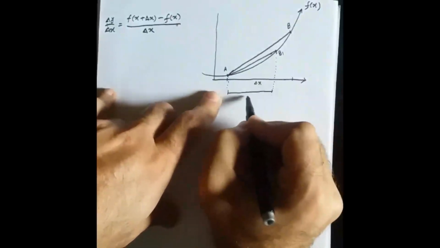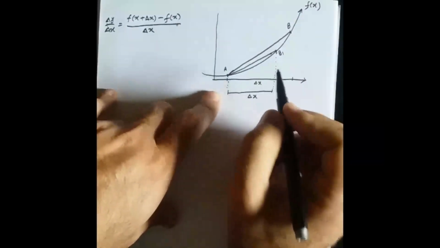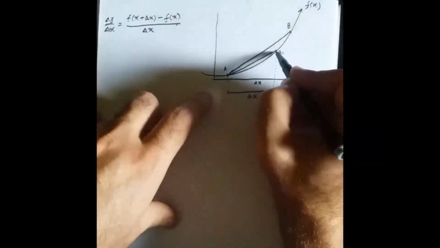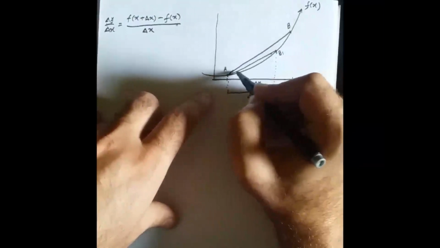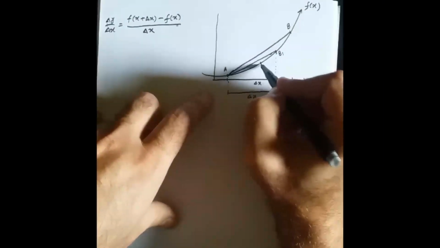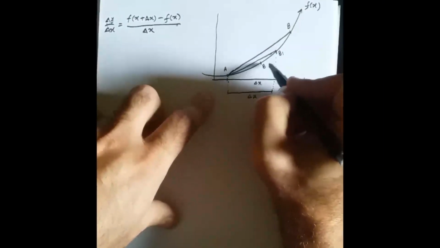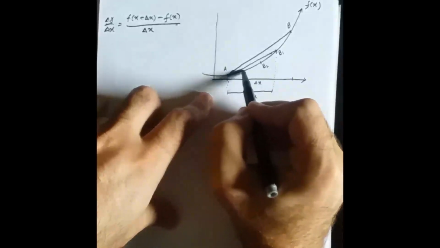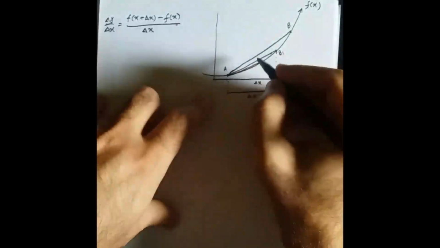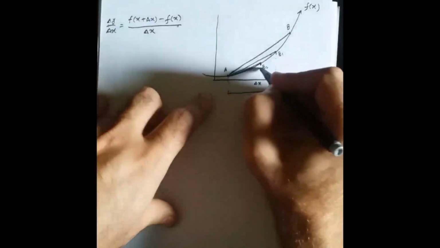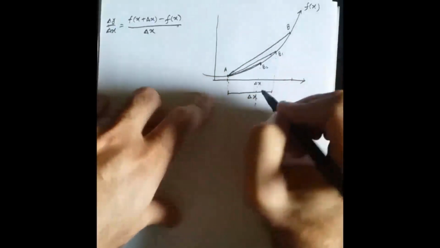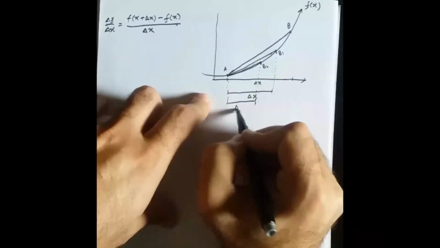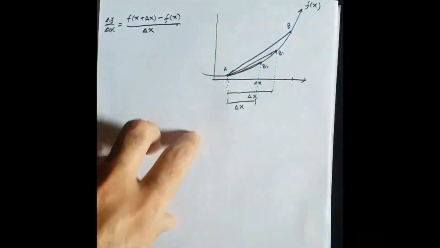Again we take this B1 closer to A, like here, taking this B2, then the secant line becomes like this, and this delta x will reduce again.